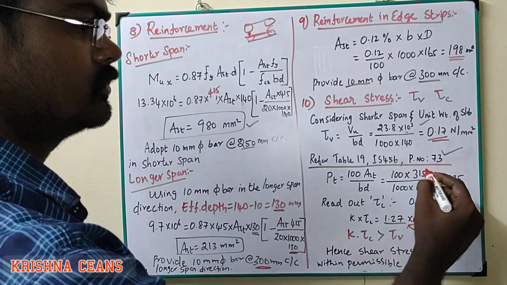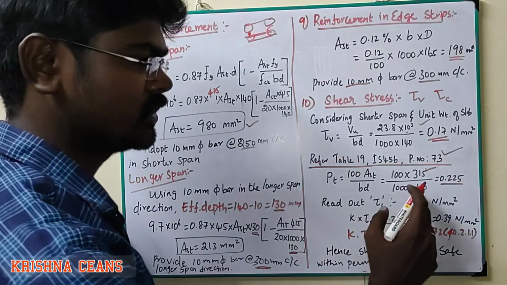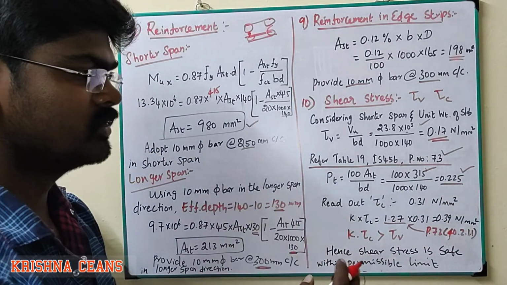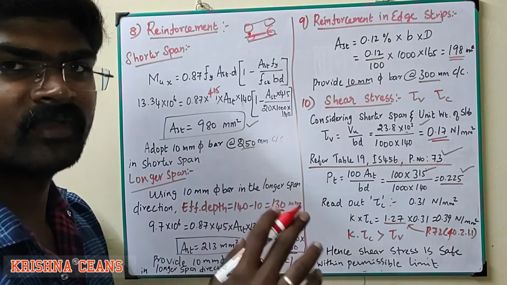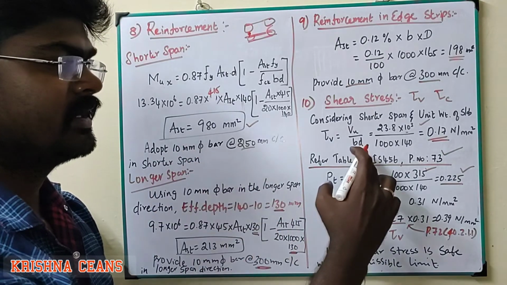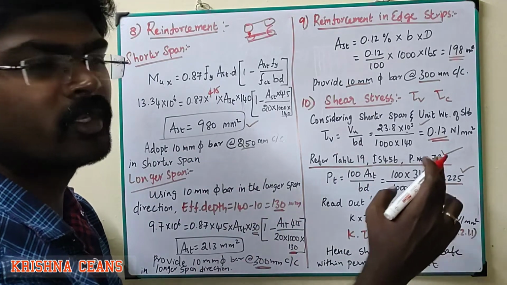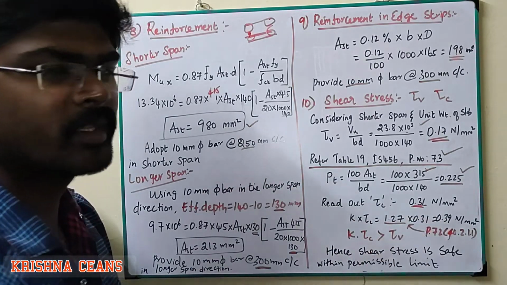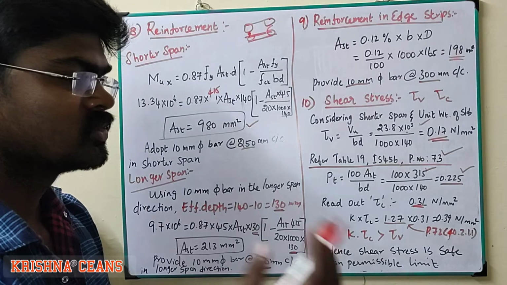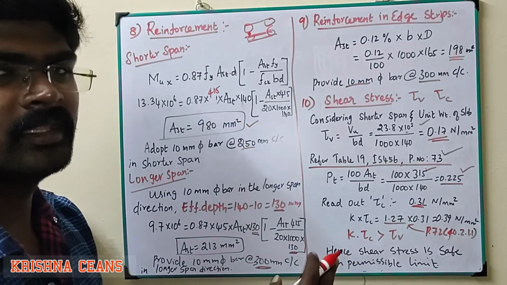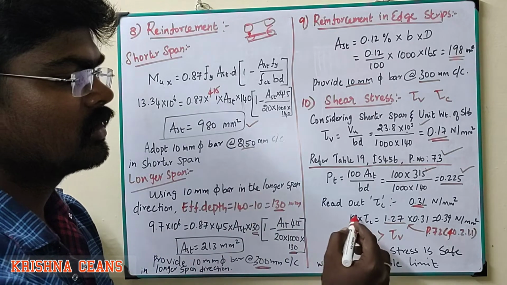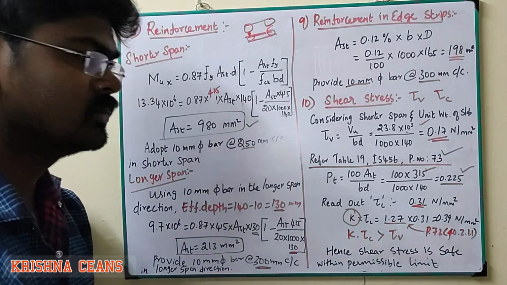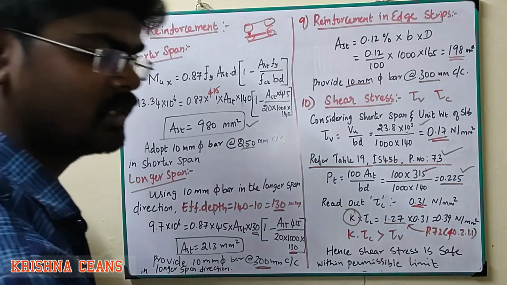So 100 into 315 by 1000 into 140 gives 0.225. For 0.225 and M20 grade of concrete, referring to Table 19, we get 0.31 Newton per mm square. For the two-way slab, we apply the simply supported slab and need to find the modification factor, which is provided on page number 72.